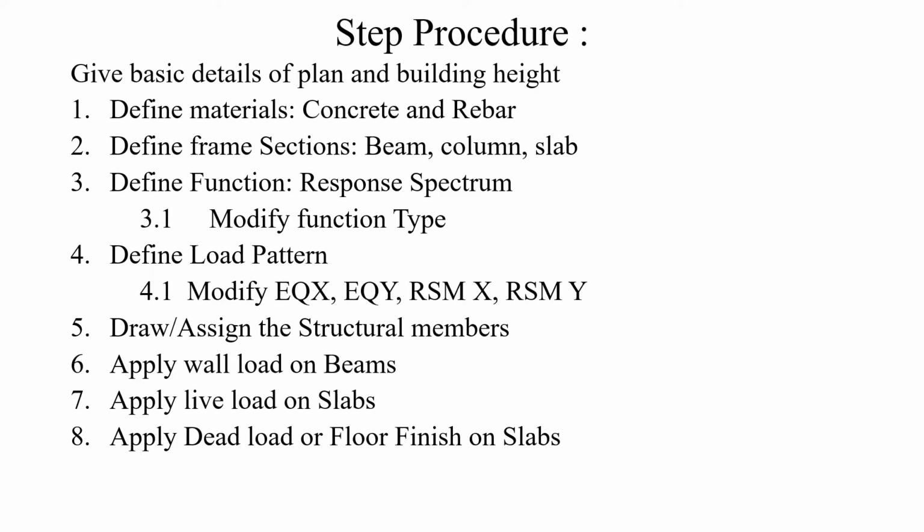We have to define the frame sections, that is the dimensions of the beam, column and the slab. And we have to define the function, the response spectrum as per the IS 1893 2016 codebook. We even have the 2002 codebook also available in ETABS.